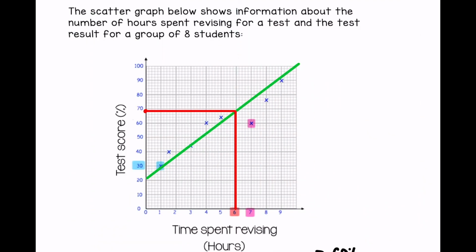So, for example, if it said estimate the number of hours spent revising if the percentage achieved was 50%, then you'd look at the 50% mark. You would take it from 50% to your line of best fit. You would take your line of best fit down, and you would see that it would end up somewhere around 3.5 hours.